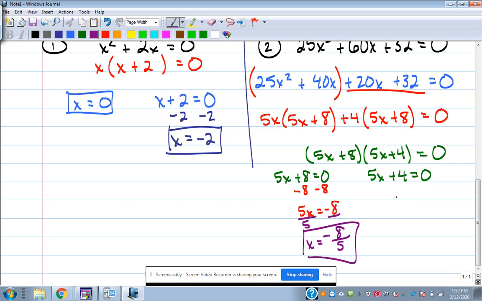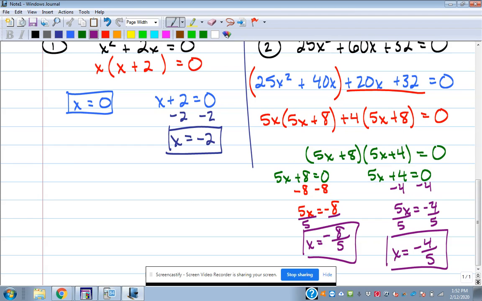Negative sign there, so. And then the other one going to do the same thing. 4/5. Yeah. 5 is on the bottom. Negative 4 over 5. 2 answers. It's a quadratic. You should get 2 answers, even if sometimes that answer is the same number twice, but it should be 2 answers to these.